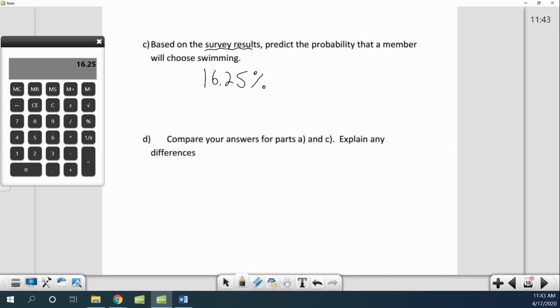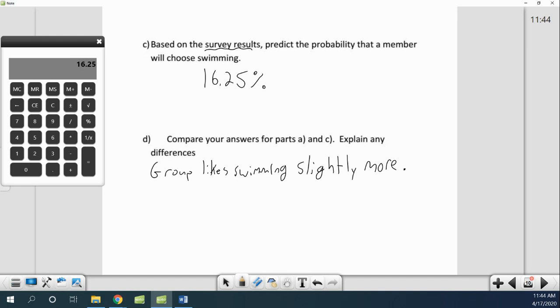So compare your answers. We could say the group likes swimming slightly more. I mean, it's really close. 14% to 16% is not a big deal. You could probably use those numbers to plan activities and you'd be just fine.